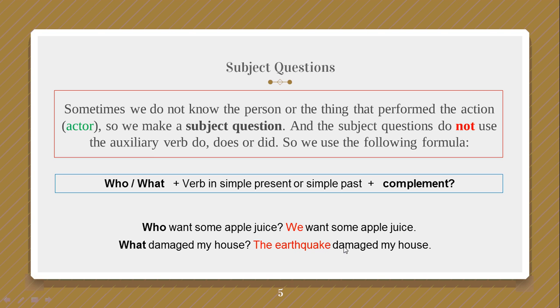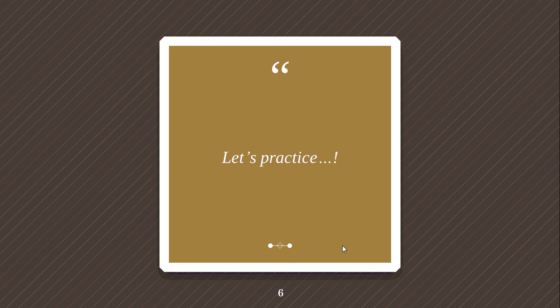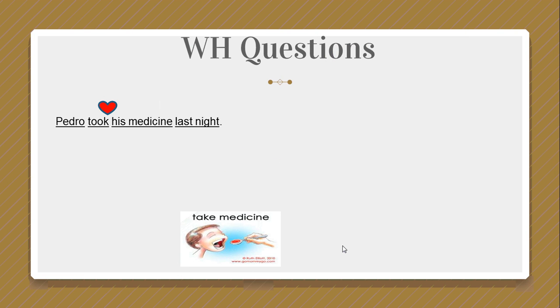Good. So let's practice. Here we have this sentence: Pedro took his medicine last night. First of all, we identify the verb, took, in the past. The verb is like the heart in our body.